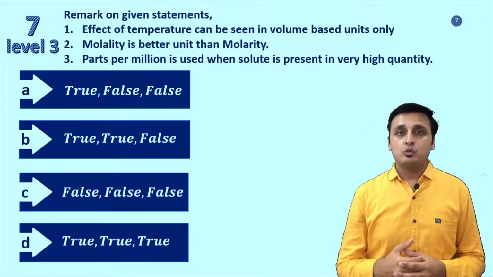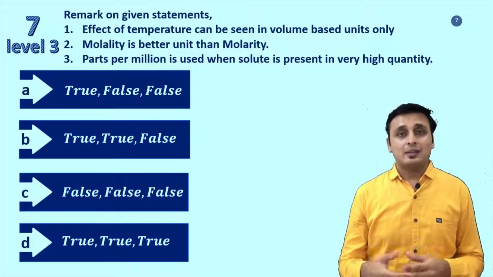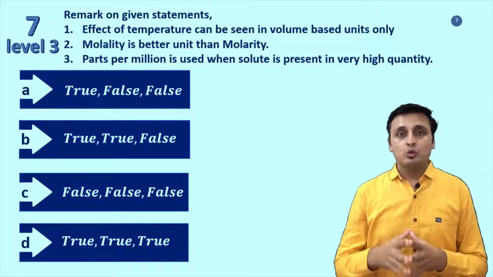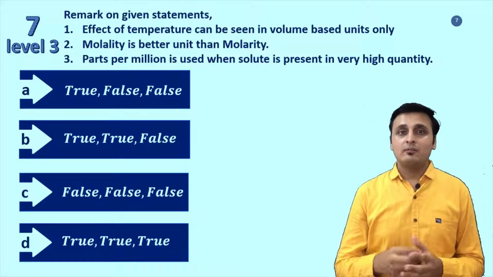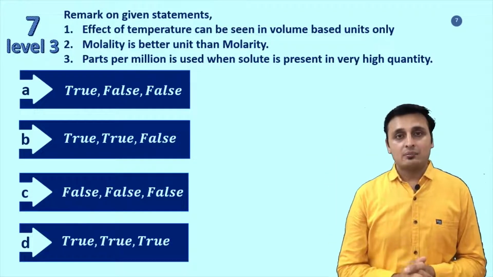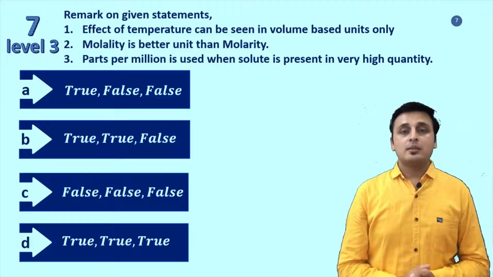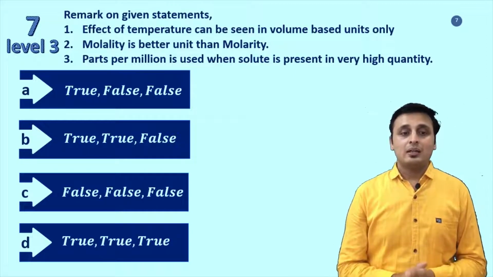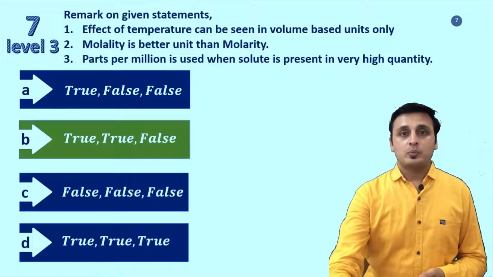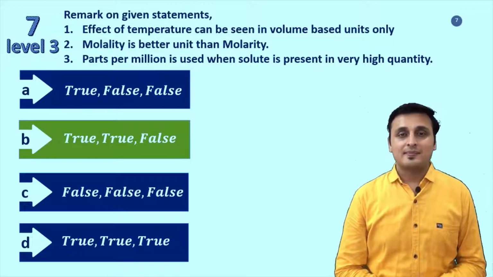And then it can be used to calculate the particles present in the air. So ppm is used when the solute is present in very small quantity but not very high quantity. And the third statement is false. So correct answer for this statement is option B, that is true, true and false. So option B is the correct answer.